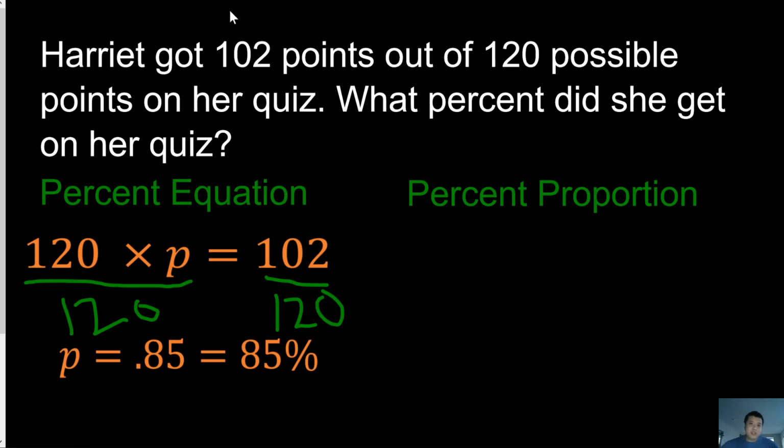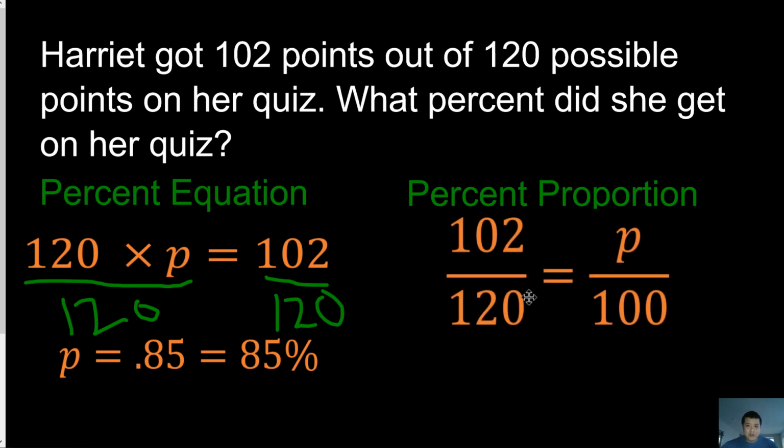To set this up with a proportion, the 102 is the part, and this is the whole, 120. And we're looking for what percent this is, because she got 102 out of 120. So we have 102 over 120 equals p over 100, because we're looking for that percent. As a result, we're going to cross multiply. You could always multiply this by 100 over 120.